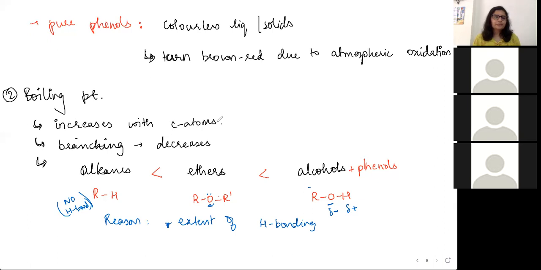You compare the trends within alcohols as the number of carbon atoms changes. You compare the trend of isomers, where the number of carbon atoms is the same, with respect to branches. And you compare with other organic compounds, where the molecular mass or number of carbon atoms is comparable, and see how it changes.